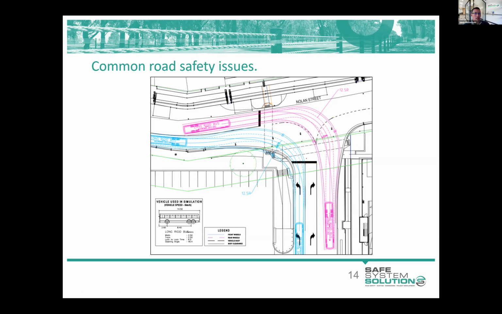And the intention of the Austroads guidance is that intersections can be safely navigated by unfamiliar drivers who might arrive at the intersection at a certain speed, perhaps 10, 15, 20 kilometres per hour, and expect to make a turn. They will likely expect to make turns in a similar way to they have at other intersections that they've been through. So it's to avoid surprises or the need to undertake unusual manoeuvres.